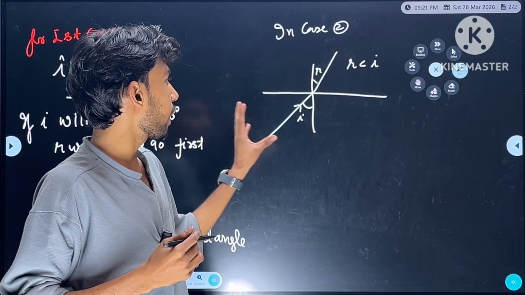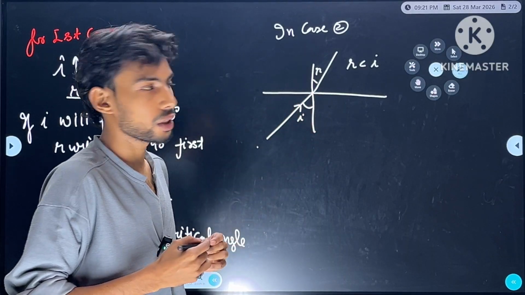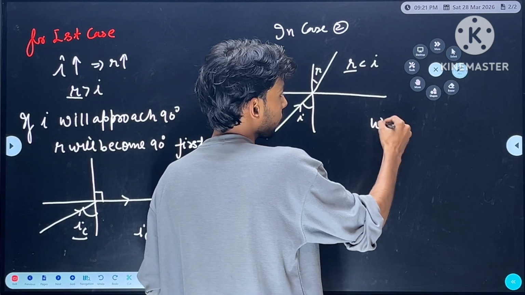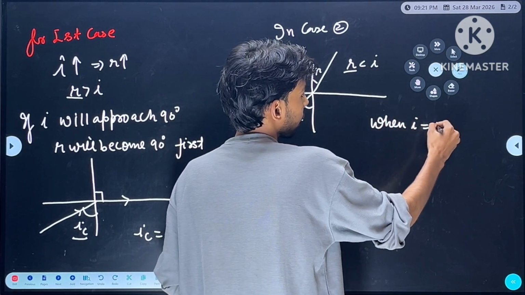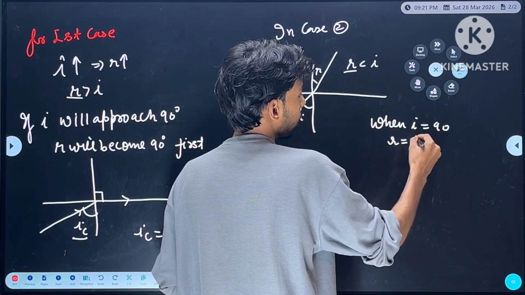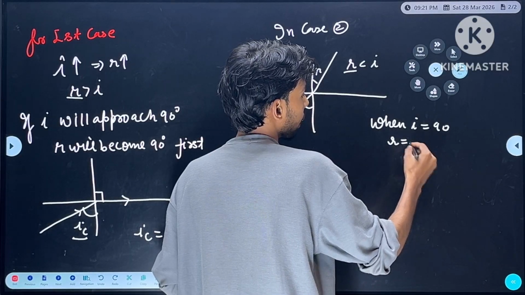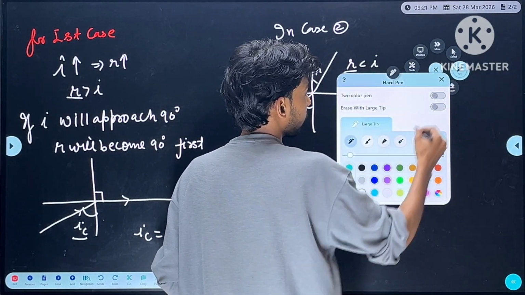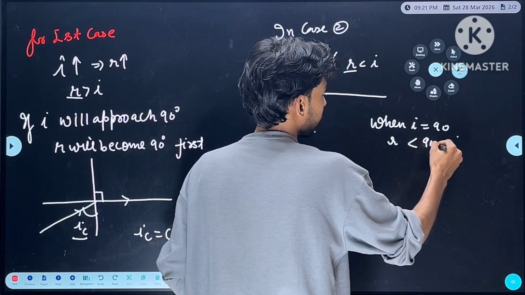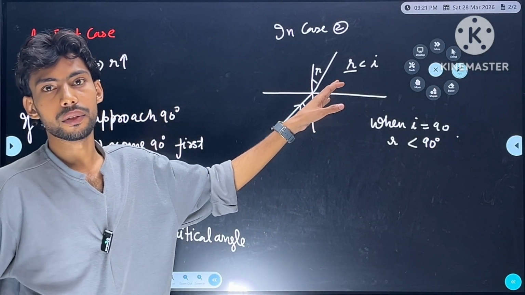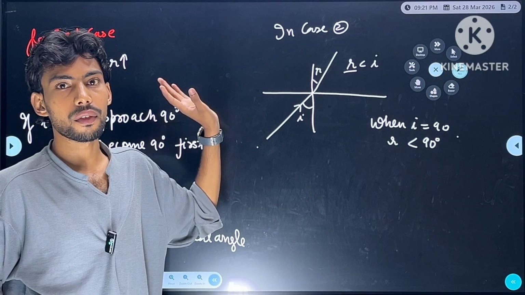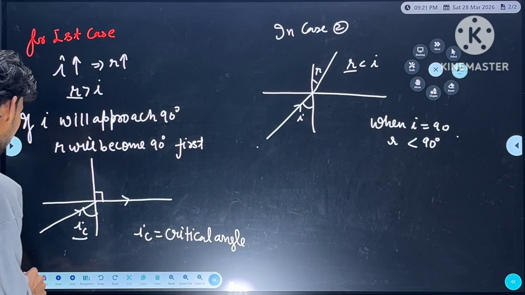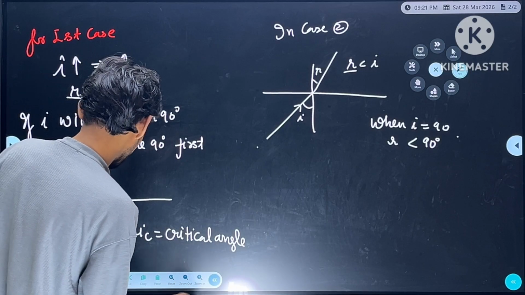But this R has to be always less than I. So when I is equal to 90 degree, R will be less than 90 degree, not equal to. So when I was at its maximum value, R was not even 90 degree. So what will happen because of this phenomenon? Let's discuss in detail again.